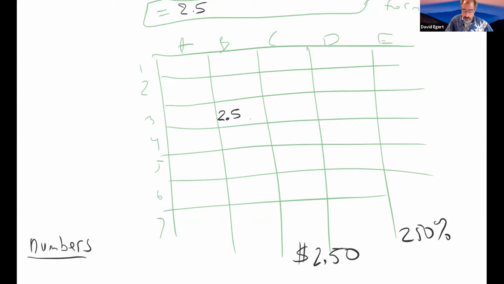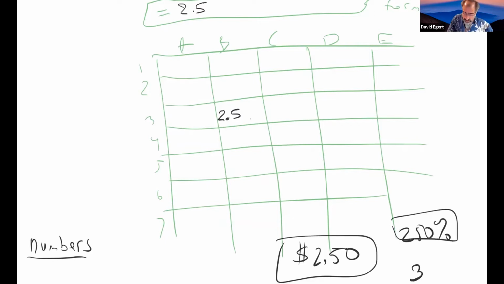You could say, I want it to be rounded to 0, to no decimal points, in which case it would actually probably be a 3 because it would round it. But if you saw a number like this and clicked in the box, it would just say what's really in there is just the number 2.5. And you can just format the cell to say how you want that to be displayed.